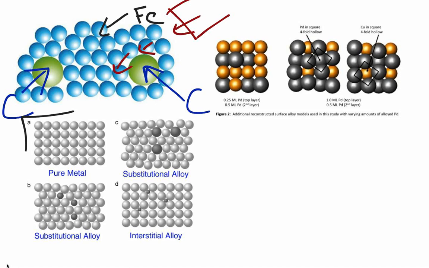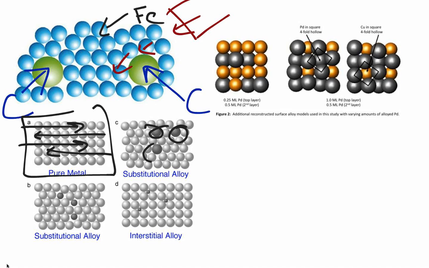If we have a nice metal lattice like here, all these layers can freely move on each other, or not super freely, but they can be bent and pushed. As soon as we put in these other metal atoms, it messes up that metallic lattice, and now it reduces the malleability of that metal.